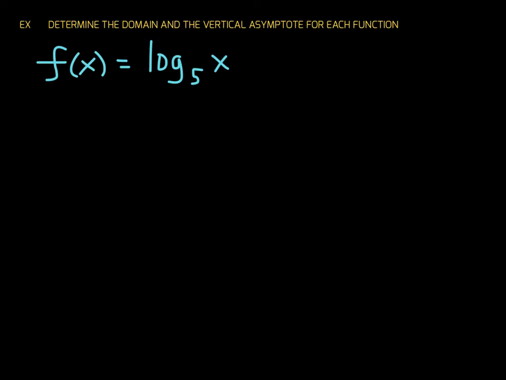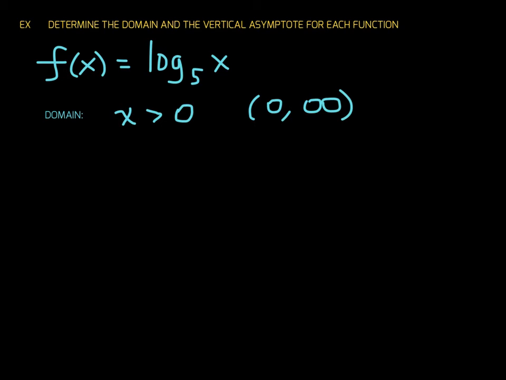And we know that by the definition of our log functions. So the domain must be such that the argument is strictly greater than 0. With that being said, the domain can be written in interval notation as (0, positive infinity).